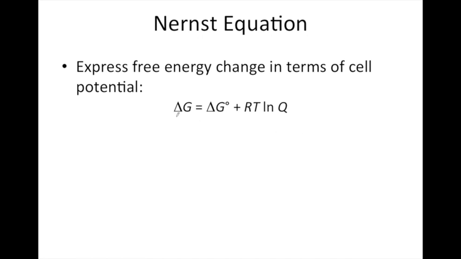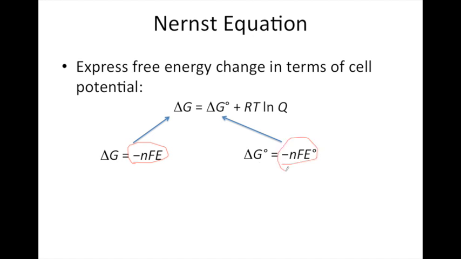So let's look back. Here's the equation that we use to calculate delta G under non-standard conditions. But instead of using delta G, let's substitute in negative nFE for delta G, and for delta G standard, we can substitute in negative nFE standard.